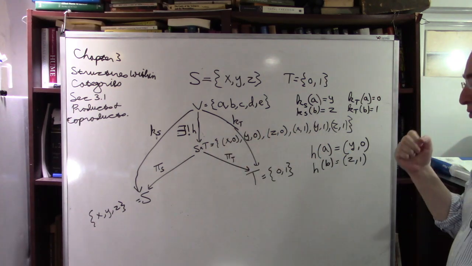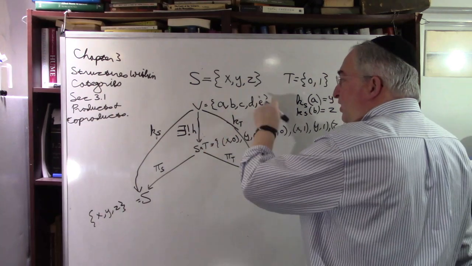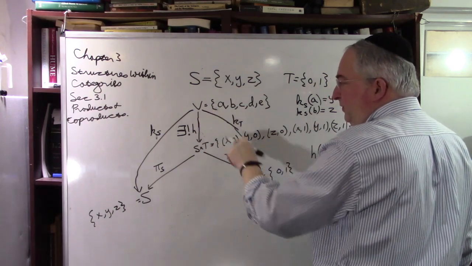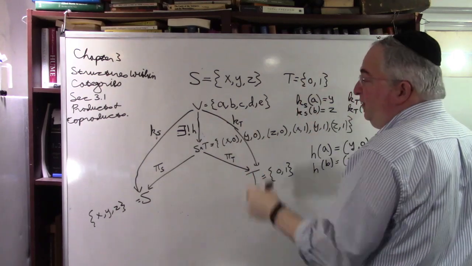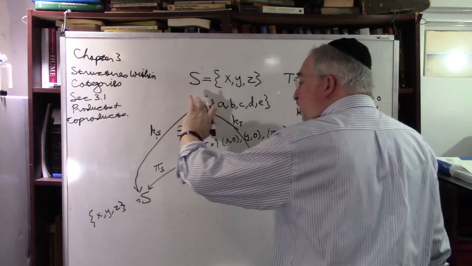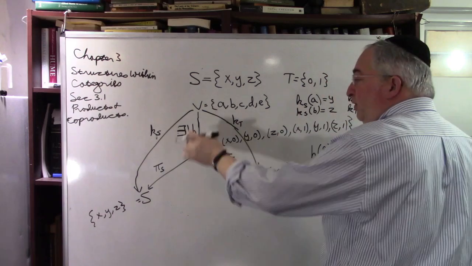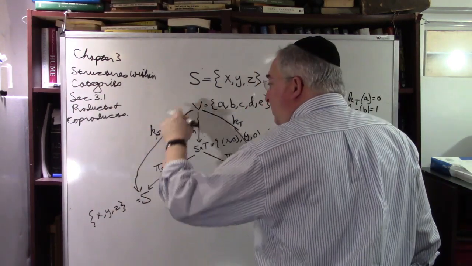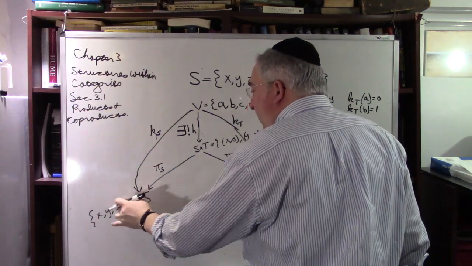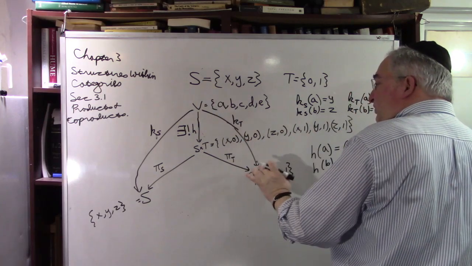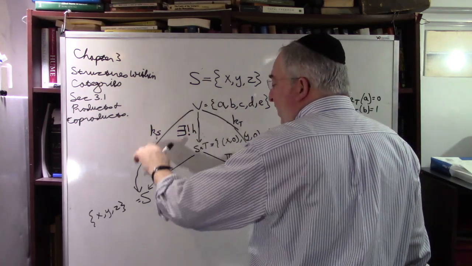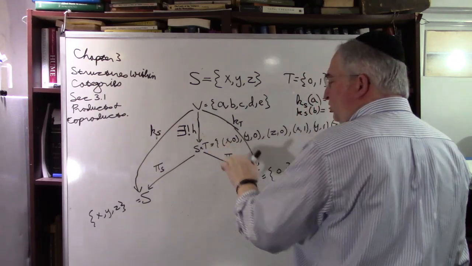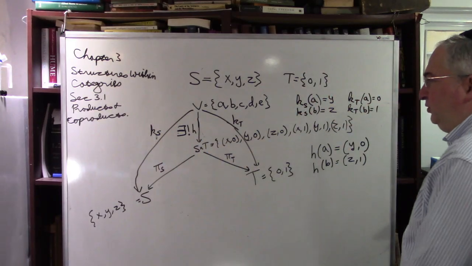So let's go through this. Given such a V has any amount of elements you want, could have infinite number of elements. As long as there's a function here telling where those elements go over here, telling what information it gives in S and what information it gives in T, then there's a unique function over here that commutes with this and that commutes with this. Let's just make sure it commutes. Ready?